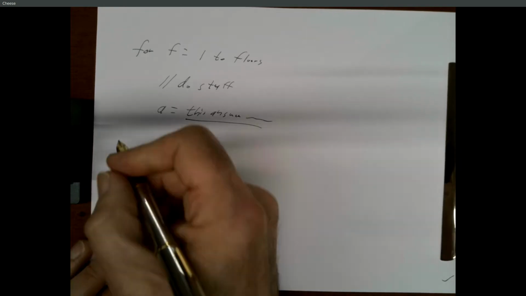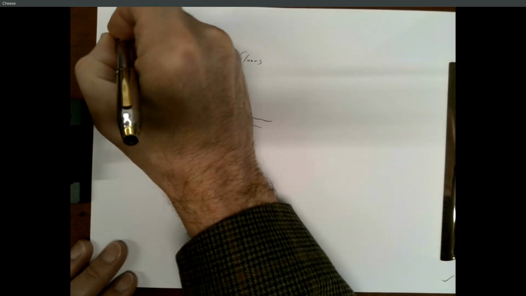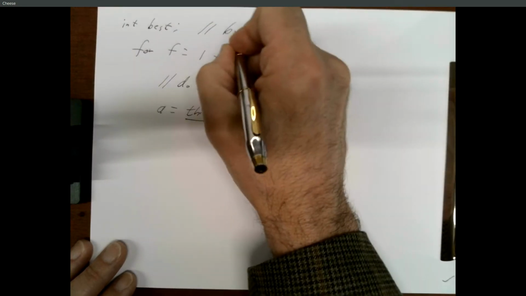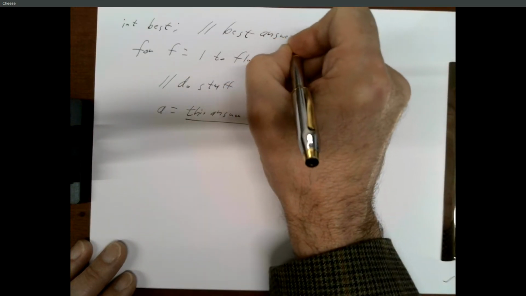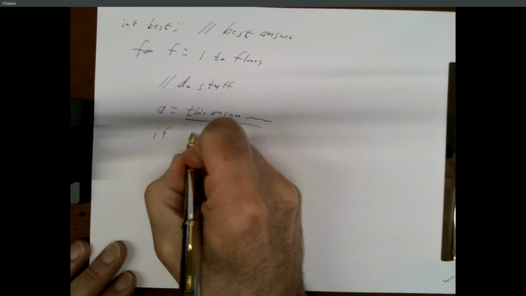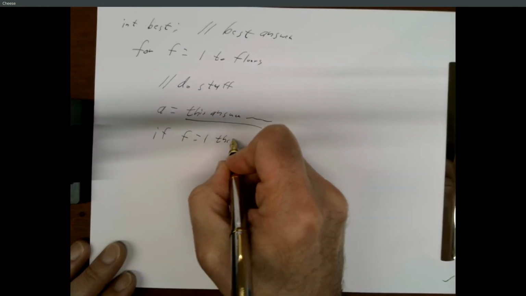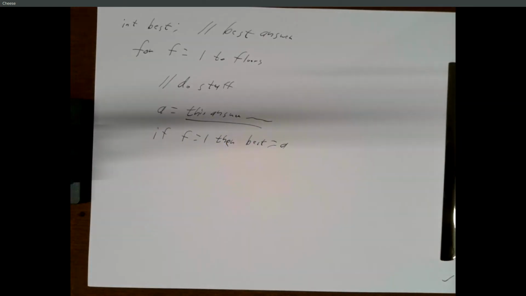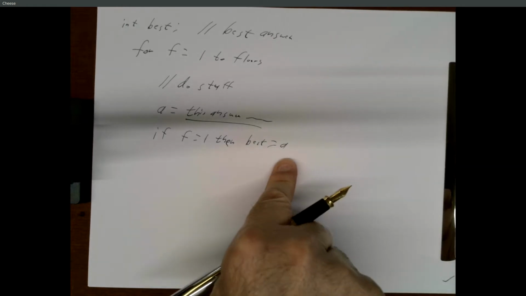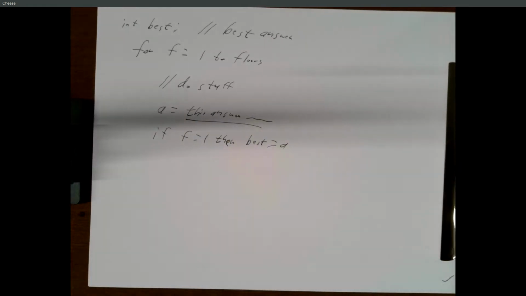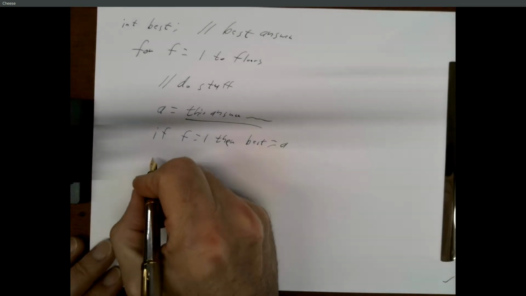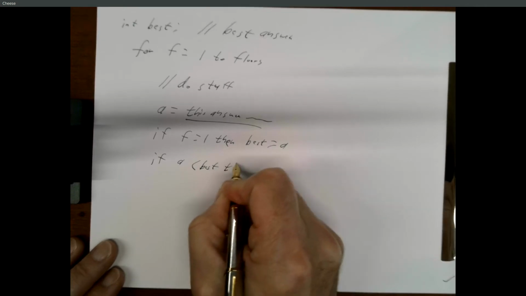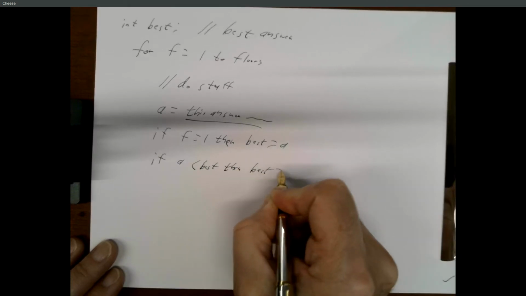So here's one way to do this. If f is equal to 1, first time we're going through, we just set our best answer to whatever answer we got. That's the first value that we calculated. And then we say if a is less than best, then set best equal to a.